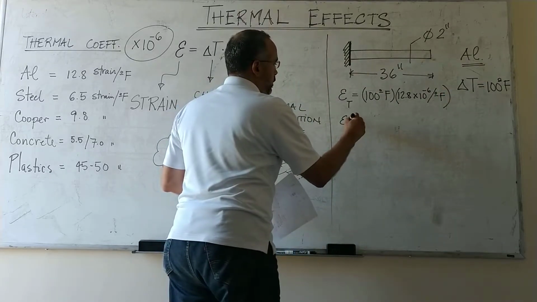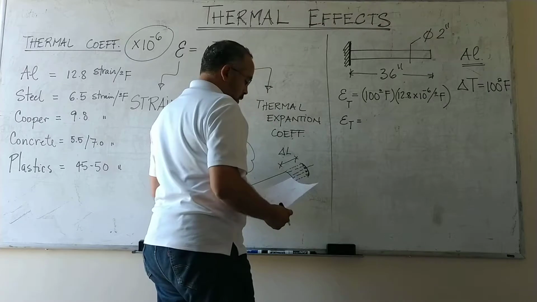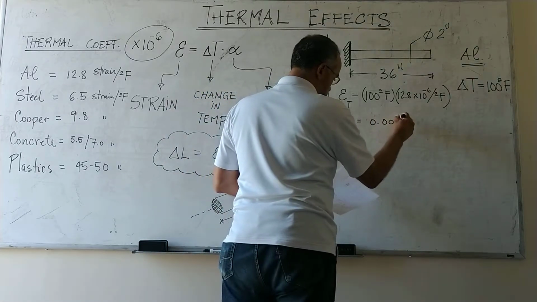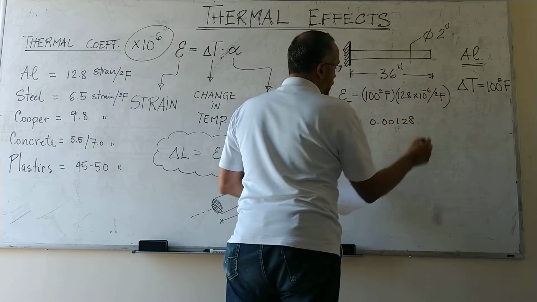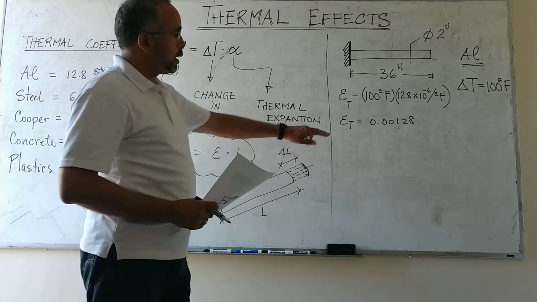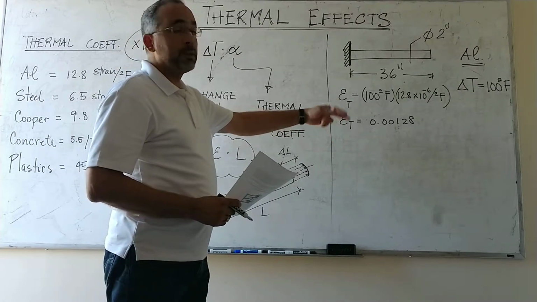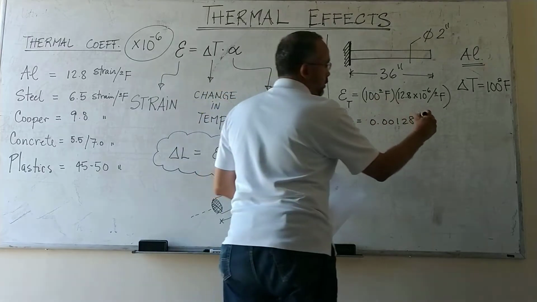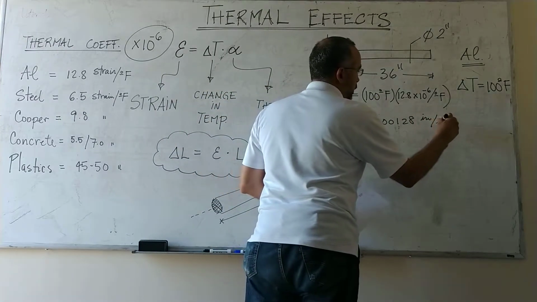So that will give us a total thermal strain of 0.00128. Right? And obviously this is deformation per unit length, so it has no units per se, but we could say it's inches per inch, right?